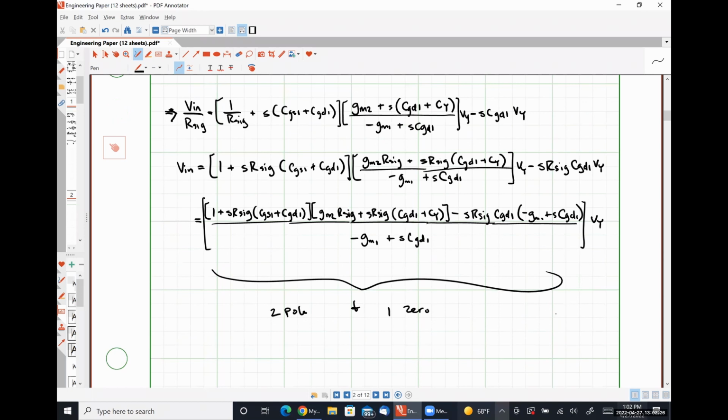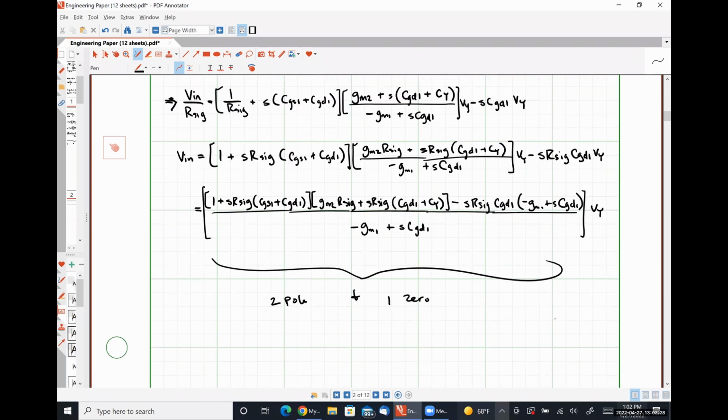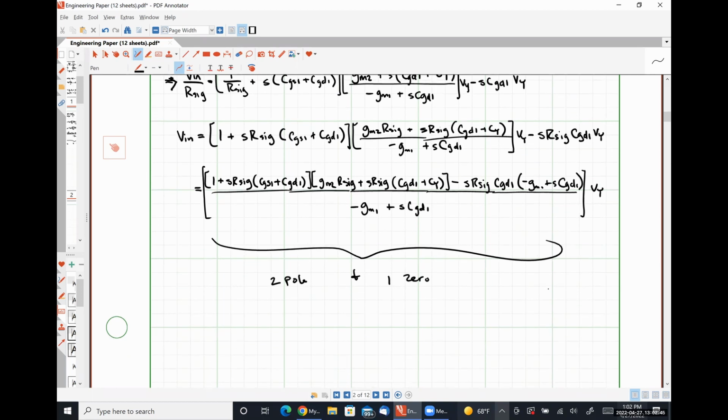One zero from this. So very similar to what we had, at least in scope, with what we did with our common source amplifier when the gate node and the drain node were linked together. So if we perform KCL at our output node, let's look at what that's going to look like real quick here.